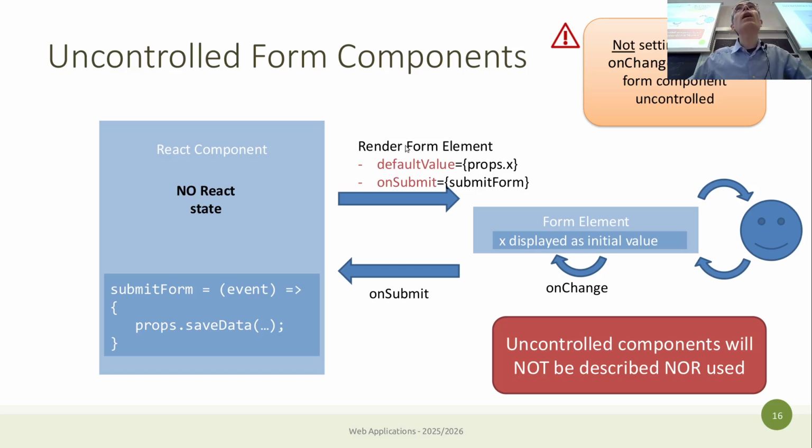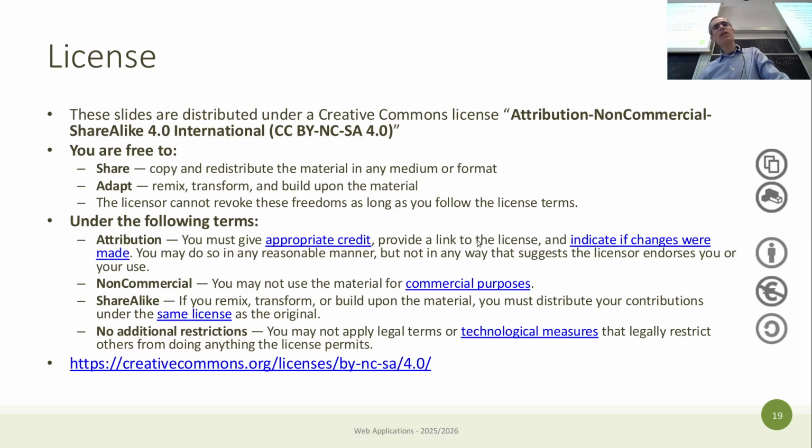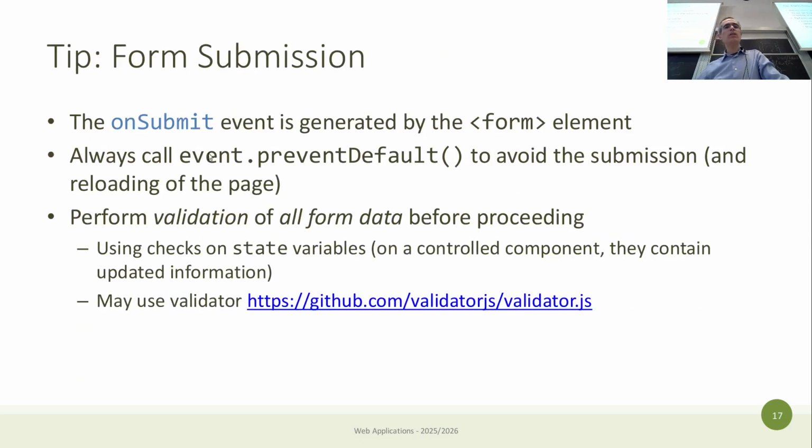Every time you render it, you change the value. The default value is something put there in the beginning, and then the user can change it. But we can experiment with this. So don't forget about the onSubmit. Always call event prevent default as the first thing in the event handler of the onSubmit.